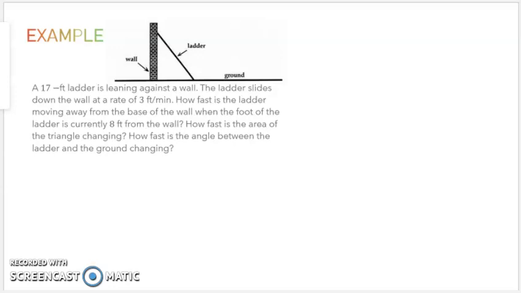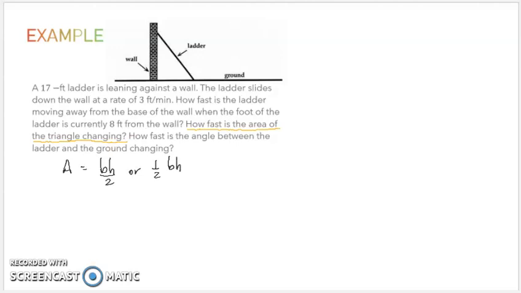It is asking how fast is the area of the triangle changing? That would mean we will need the area of the triangle. So the area of a triangle is actually base times height over 2, or 1/2 base times height.